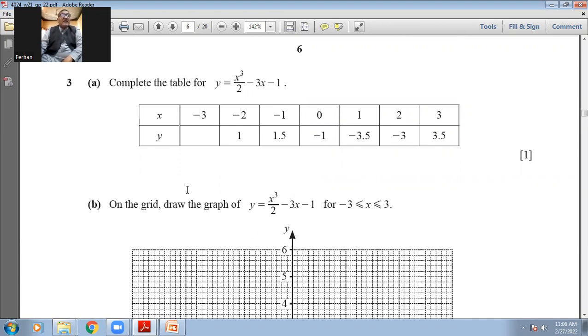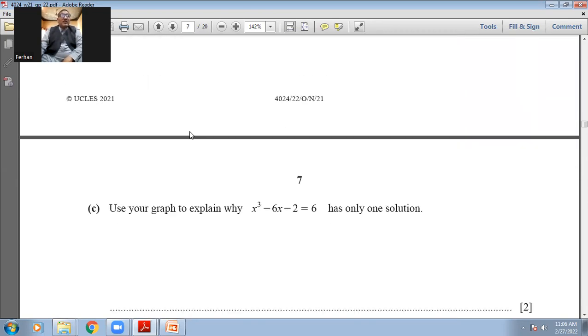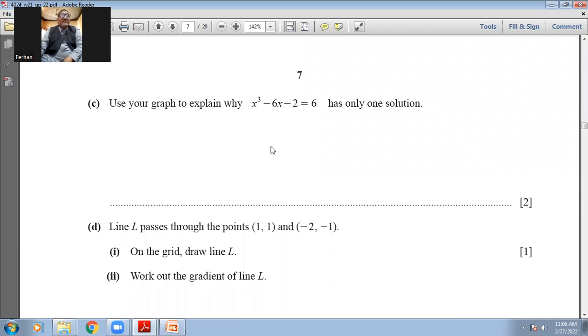In this equation, under the x cubed you have 2, so I will divide the whole equation by 2. I will get x cubed divided by 2 minus 3x minus 1 equals 3. The left side will be exactly the equation of the curve which we have already drawn, and whatever is on the right side, I will suppose that equals y, and then I will draw that line on the graph.